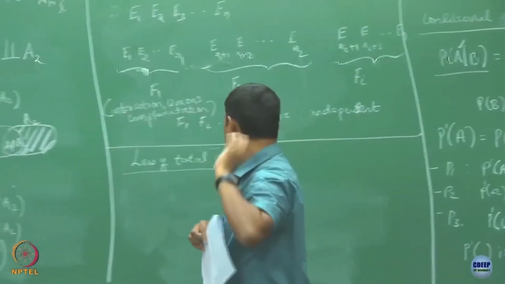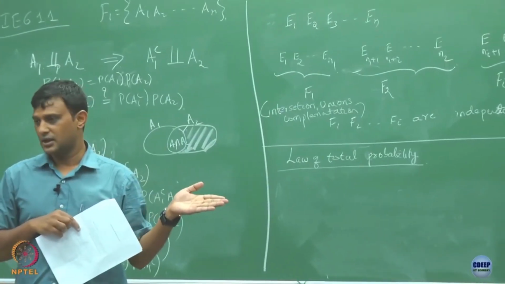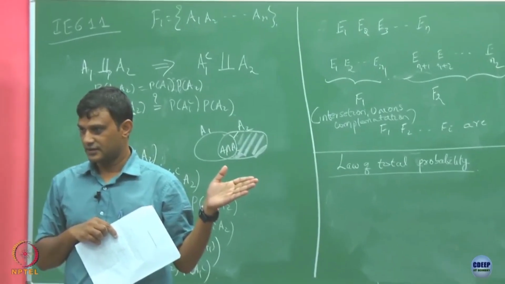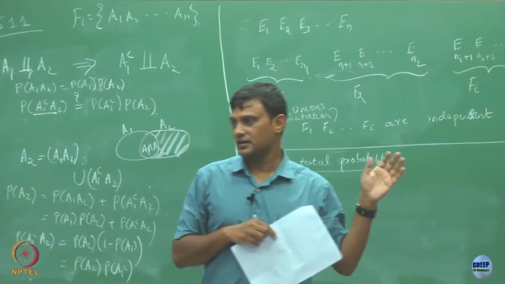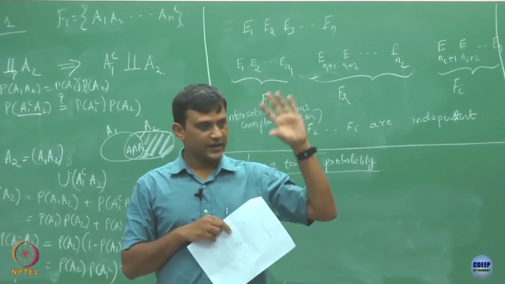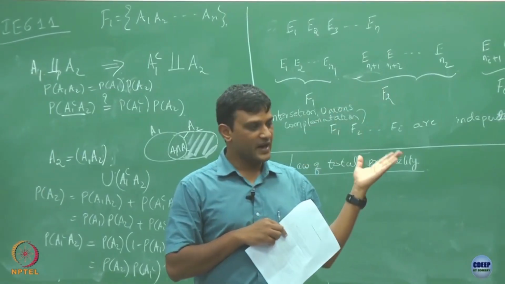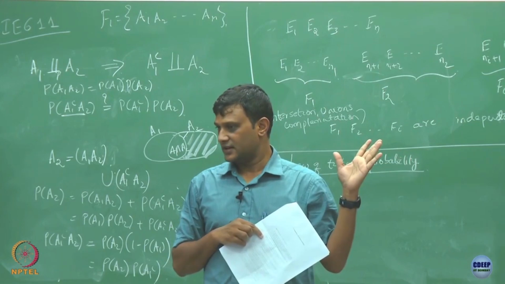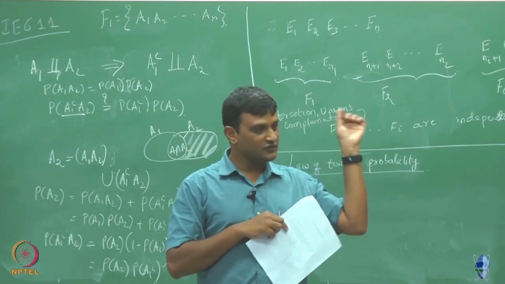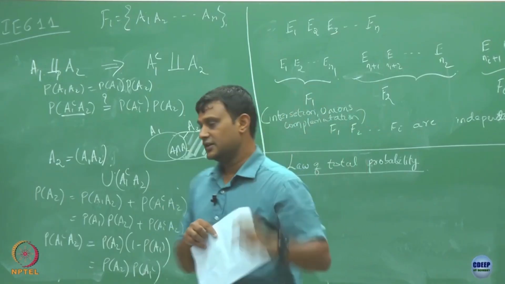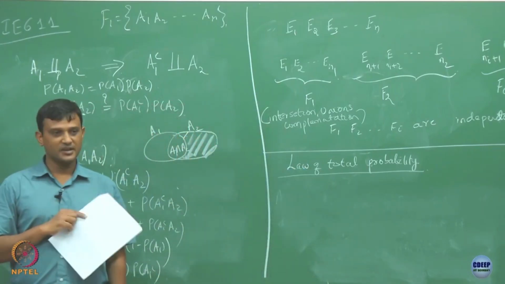The law of total probability tells us that if I want to find the probability of an event, we need to just look at its disjoint sets, and we find those disjoint sets by looking at some partition of my space and looking at how much of this event falls in each of these partitions. Let me make it more clear. All of you understand what a partition is?